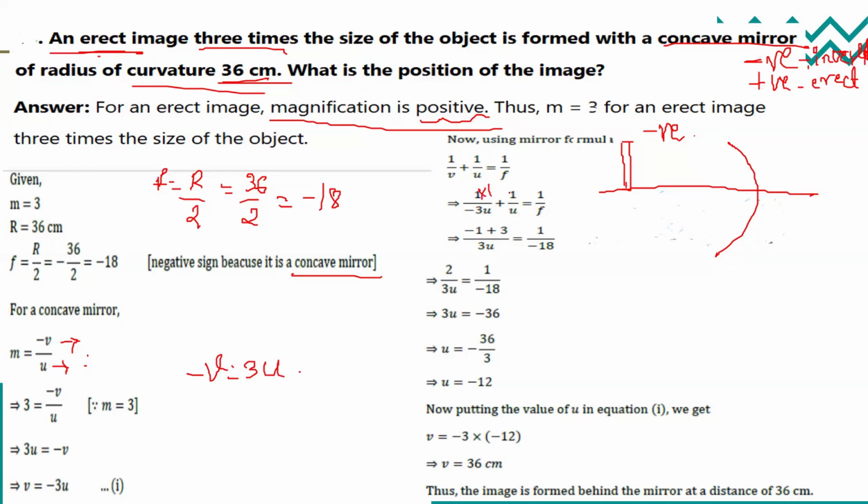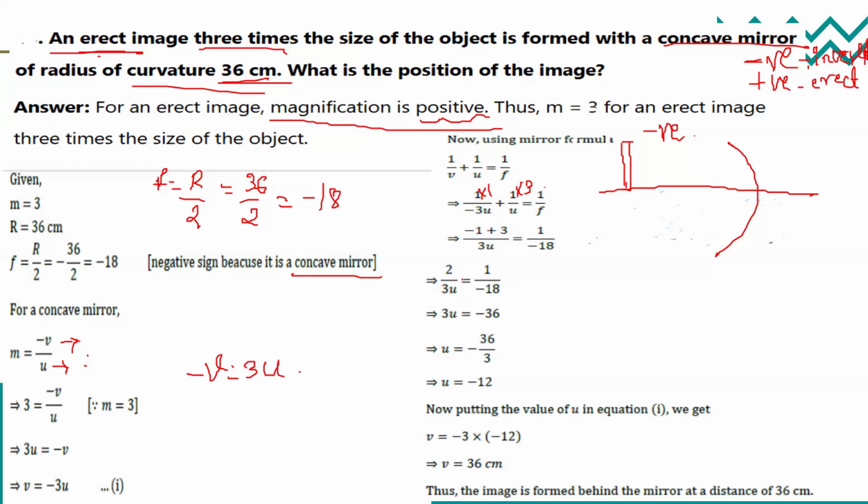So here into 1 and here into 3. 1 into 1, that is minus 1, because the minus sign is there. Minus 1 plus 1 into 3 is 3, divided by 3U is equal to 1 divided by F. The focal length is minus 18, right? 3 minus 1 is 2 divided by 3U is equal to 1 divided by minus 18.